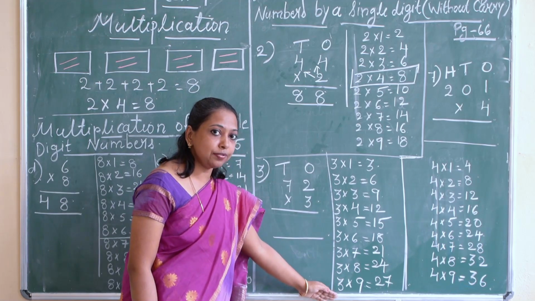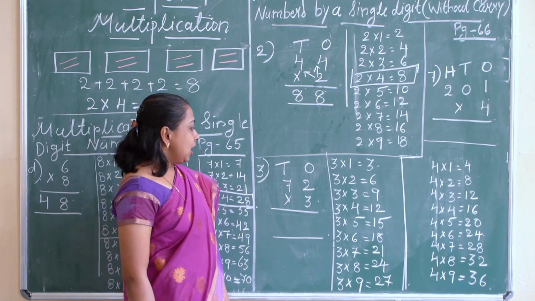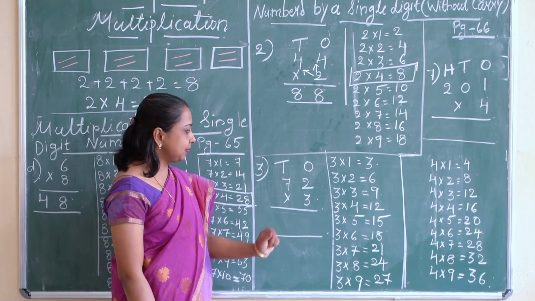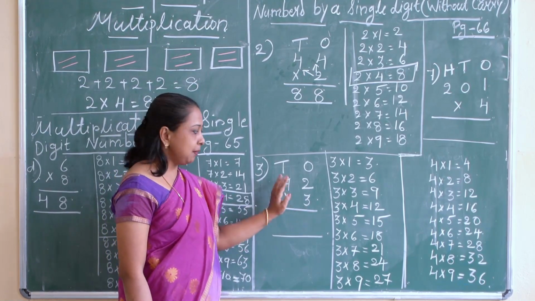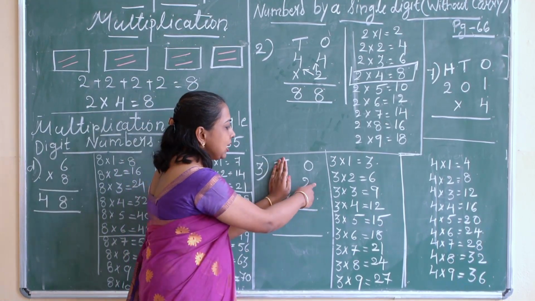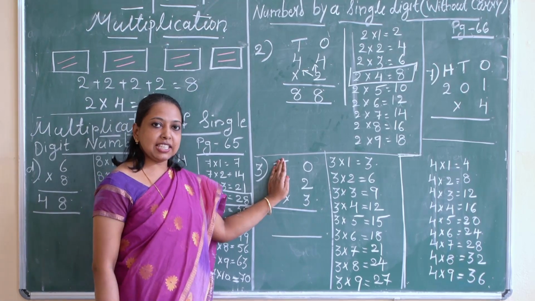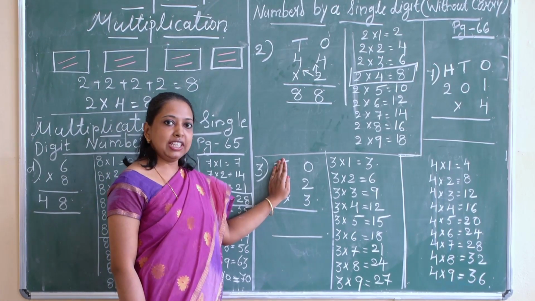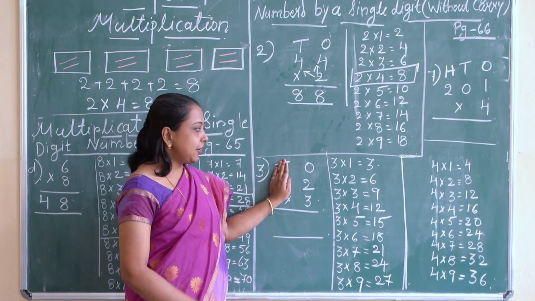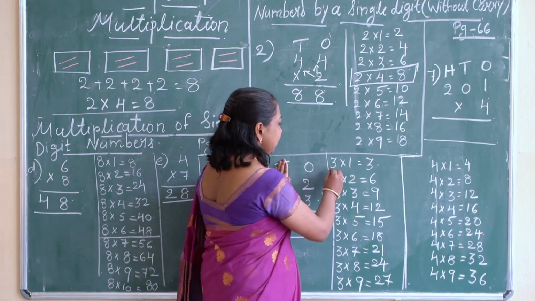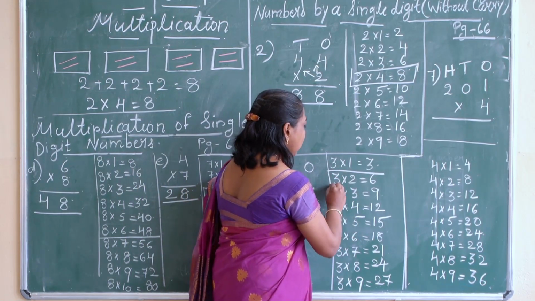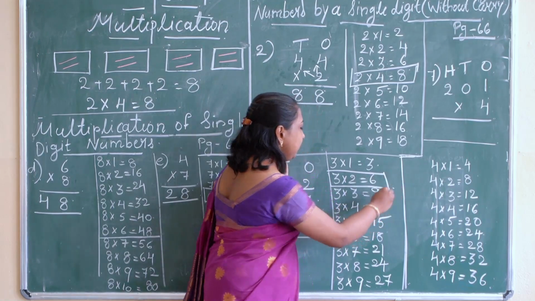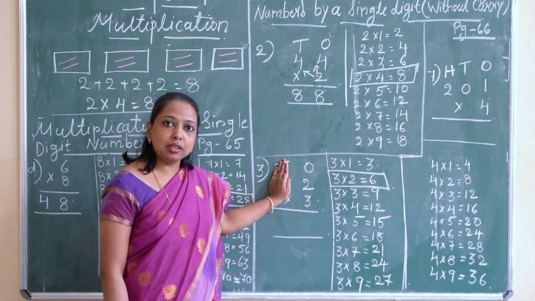Remember the table of 3. Now start from the ones place. 3 multiplied by the digit at the ones place means 3 multiplied by 2. See the table? You have already learned the table. From the table we got 3 twos are 6.